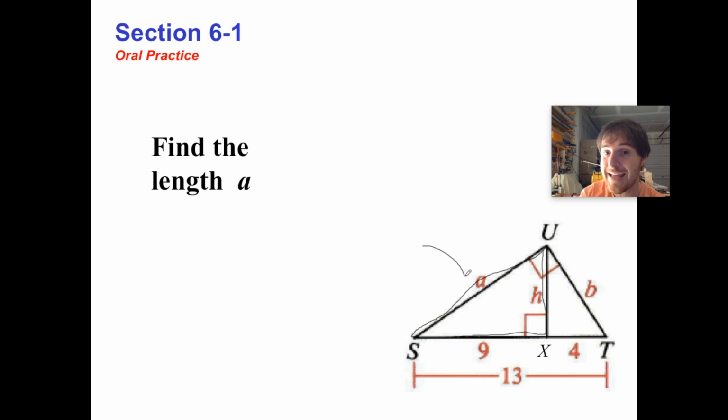A is the hypotenuse of it. That smaller triangle over here is not going to matter because the thing that this triangle is similar to that also has A in it is the largest triangle, okay? So if you were to solve for A, at this point before you have the second corollary, you would do this triangle here to the largest triangle right here. That's how we're going to set up our ratios.